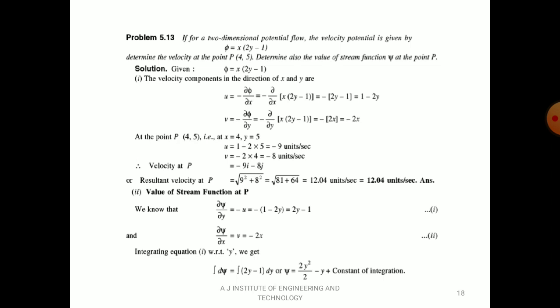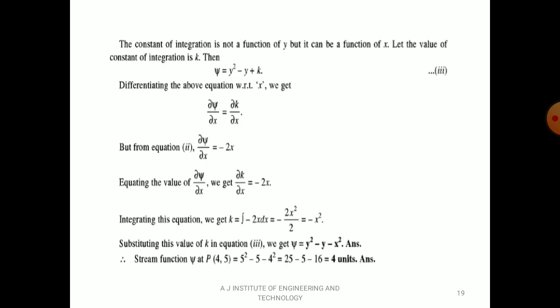So to integrate equation 1 with respect to y, we get integration of d xi equal to integration of 2y minus 1 into dy. Integration of d xi is xi, and integration of 2y is 2 into y square by 2, minus integration of 1 which is y, plus some constant of integration.